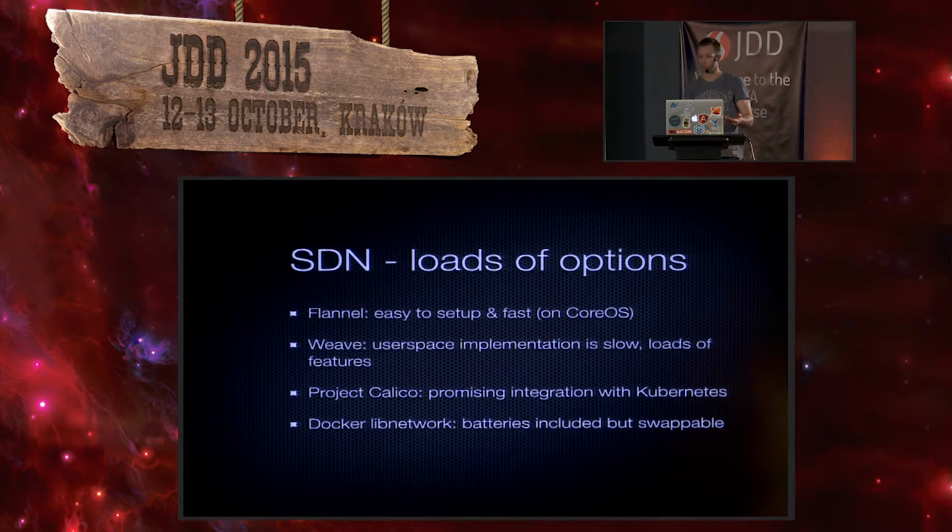So if you have multiple customers running on the same Kubernetes cluster, you can completely separate their networks, which is very useful. And of course, if you know about the new features in Docker, there's libnetwork there, which means that in Docker itself, there's a lot going on with networking, which will end up in Kubernetes sooner or later as well.